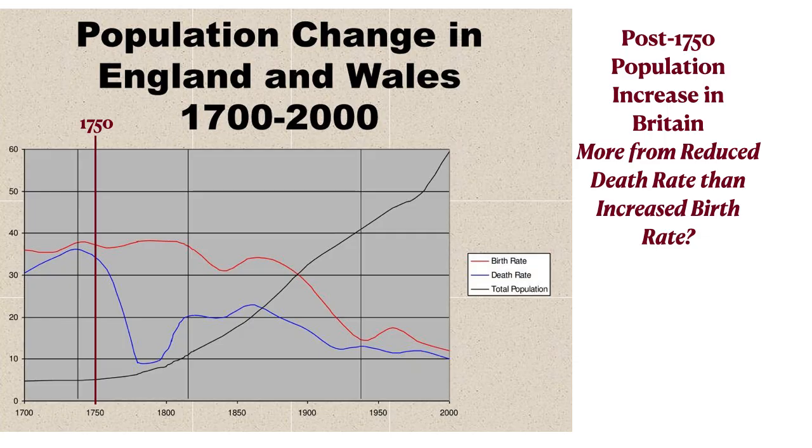We have a lot of demographic information on Britain, and I'll talk about it quite a bit. This graph is showing population change in England and Wales from 1700 to 2000. What I like about it is it's showing both the total population in the black line, the birth rate in the red line, and the death rate in the blue line. And the really fascinating thing you could see from this is a real plummeting of the death rate after about 1750.